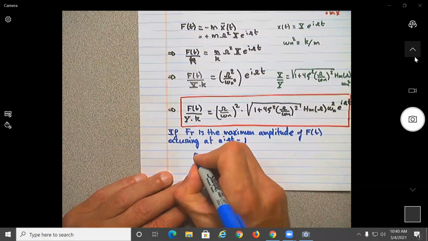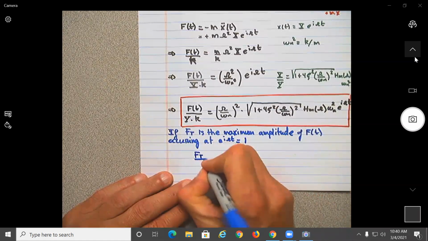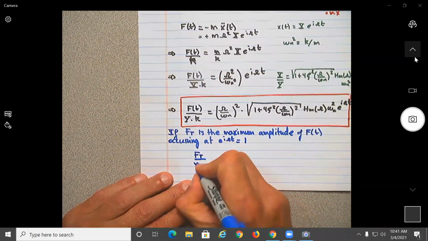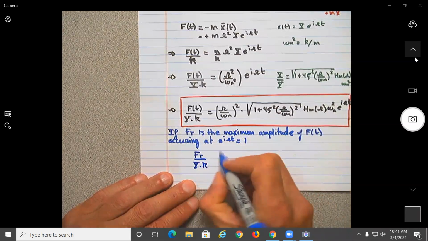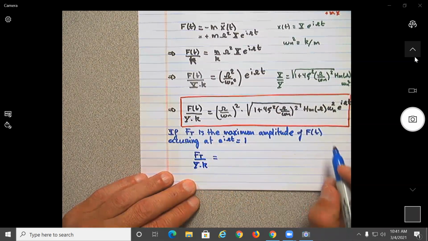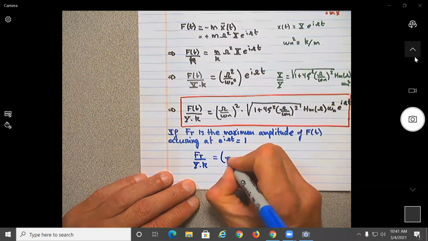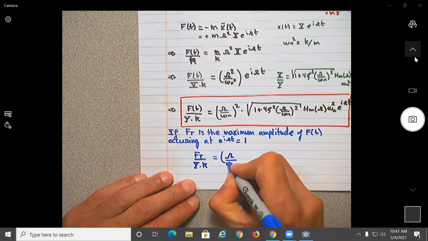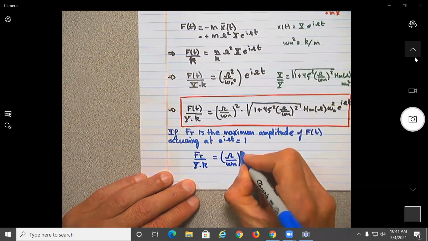you find that the relation F capital T over Y k is the same expression as above, but we just remove that exponential, and it will be equal to what? Capital omega over omega n, squared.